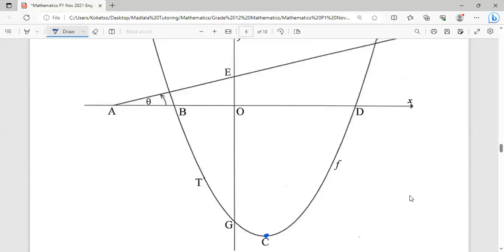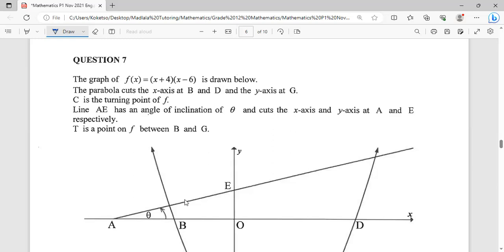How do we know that? It's because the function comes from negative infinity in terms of the x values, and it goes all the way to positive infinity. So these arrows, they show us that the function goes all the way to negative infinity. It goes all the way to positive infinity in terms of the x values.